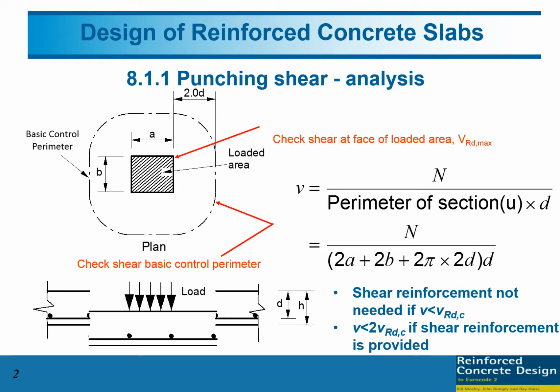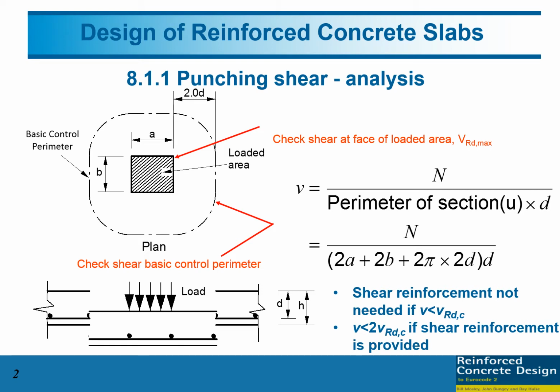At the bottom part of the figure, you can see how the load acts on the slab, so that the failure will occur at the area of 2D from the face of the column. If V is less than VRdc, it means the shear reinforcement is not needed in this design.